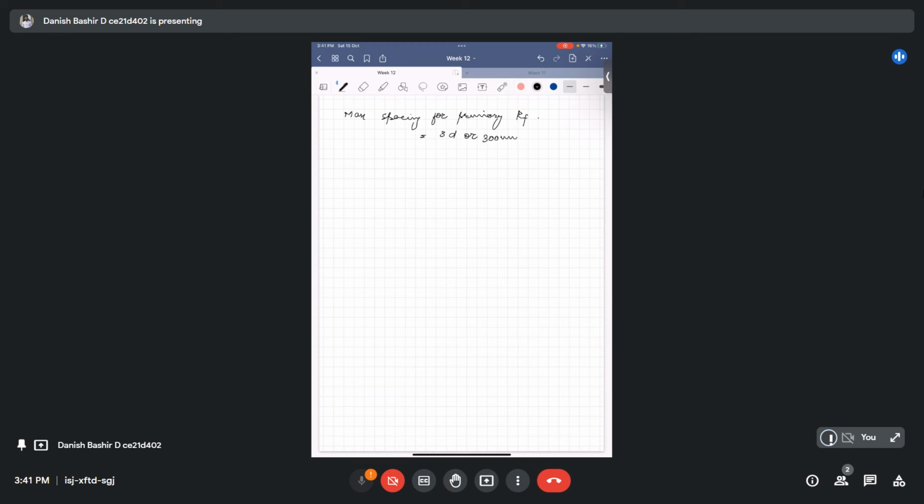Now we have dx and dy, two orthogonal directions, so we will check for both of these. 3 times 140, 3 times 130. Both are 420 mm for the short span, and it is 390 mm for the long span.